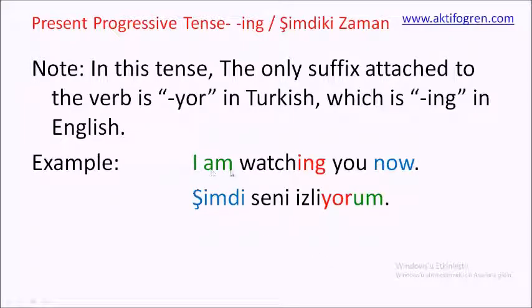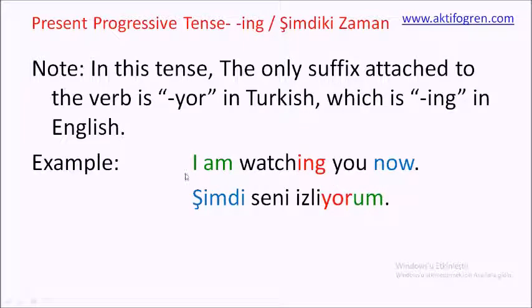So here, I am watching you now. This is an example here, guys. As you see here, there's the ing form, okay, and the adverb now is used. So there is one thing that we should always remember. In this tense, we always use in positive, negative, and question forms all the time yor, just the same as in English.